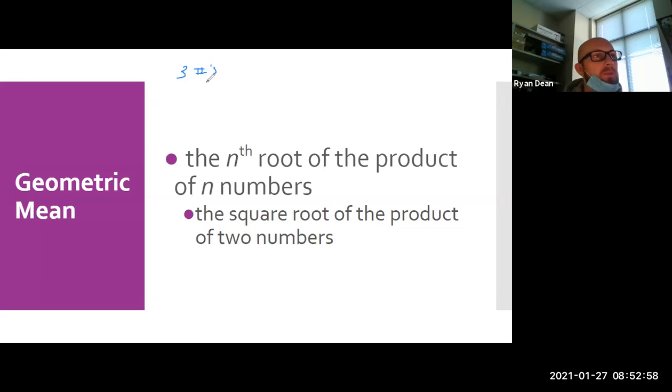But if I have three numbers that I'm working with here, the nth root of three numbers is just going to be the third root. The way that would look is like this. So this is what it'd be for three numbers. If you had four numbers, you would go to the fourth root, and it would look like this.